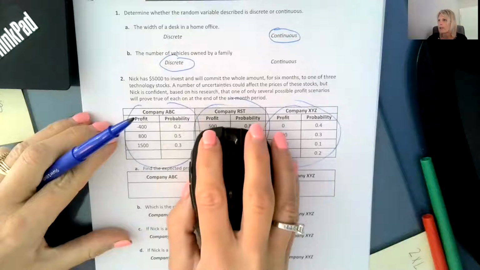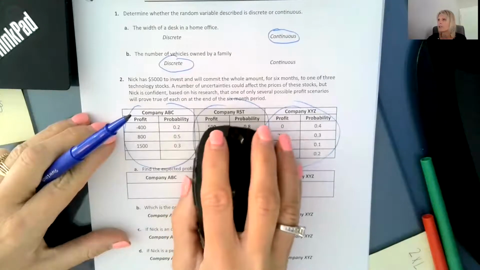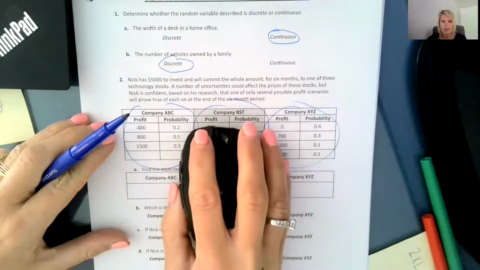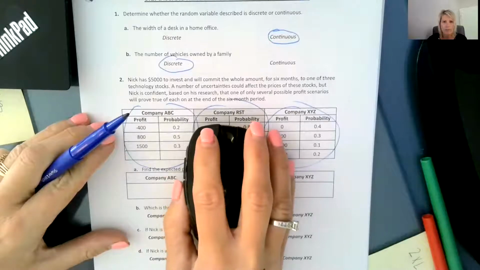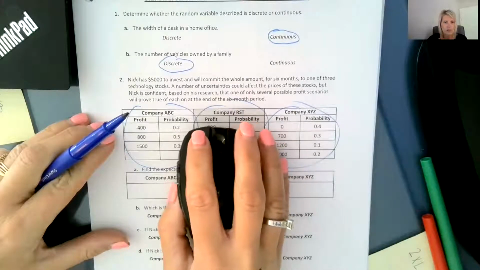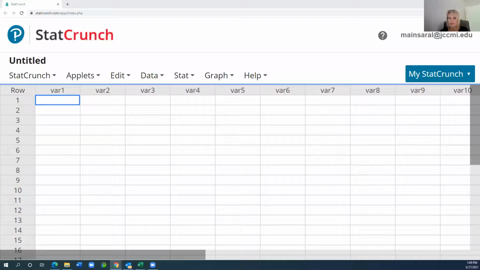And to do that, we're going to go to our handy dandy StatCrunch, which makes it very easy. And I'm fairly sure I don't have these in StatCrunch. So if you'd like to take a minute and go to StatCrunch and put these in, I'm going to share my screen here so that you can see my StatCrunch screen. And I am going to enter in this data here. This is ABC, and that's RST, and that's XYZ. And so they're each going to have their profits and then their probabilities that go with that.